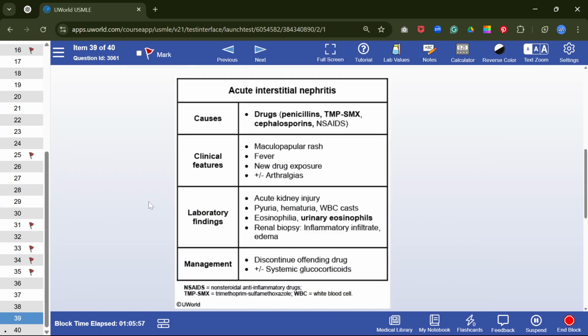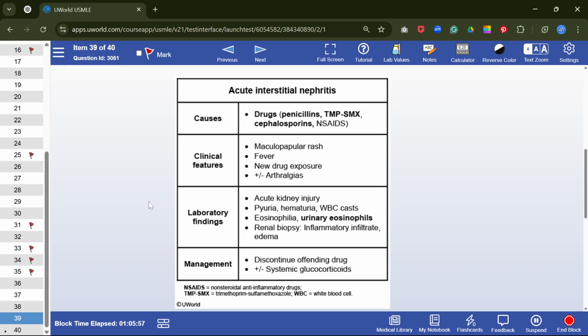AIN, acute interstitial nephritis. Drugs: penicillin, trimethoprim-sulfamethoxazole, cephalosporin, NSAIDs. Clinical features: maculopapular rash, fever, new drug exposure, with or without arthralgia. Lab findings: acute kidney injury, pyuria, hematuria, WBC casts, eosinophilia, urinary eosinophils. Is urinary eosinophil given here?